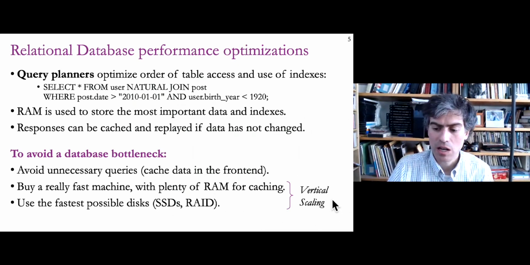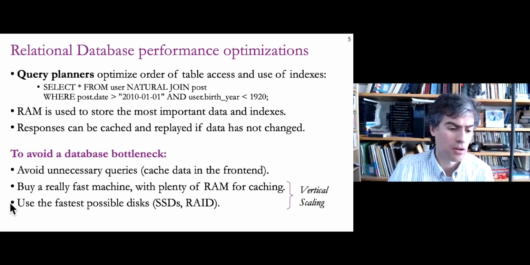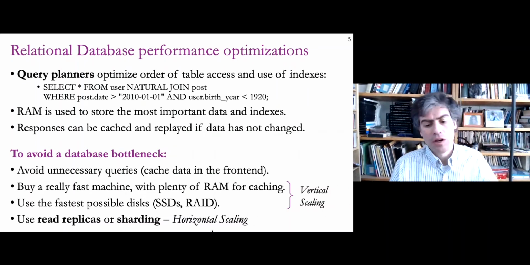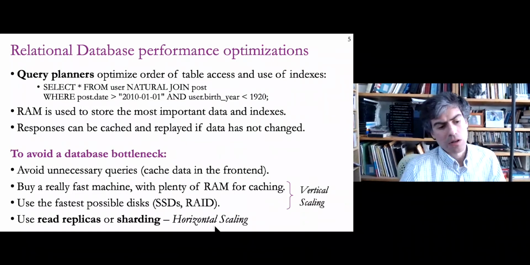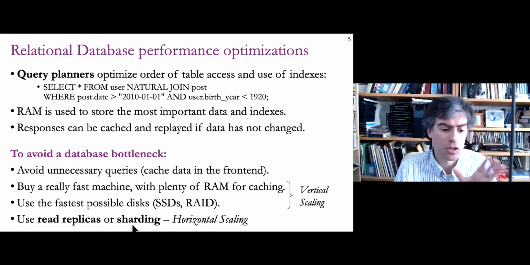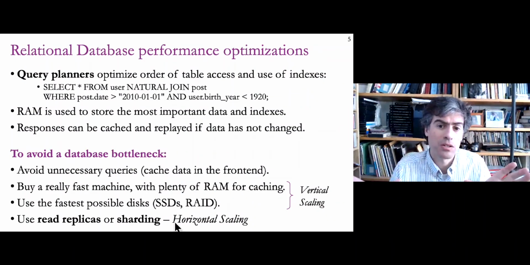But just like any other vertical scaling approach, there's a limit to how far you can get with these, right? At some point, you are using the fastest possible hardware, and you need some other approach to get better performance. So the horizontal scaling approach to relational databases that we're going to be talking about for most of the lecture today is using read replicas or sharding. This is a way to parallelize the work that's happening in relational databases.